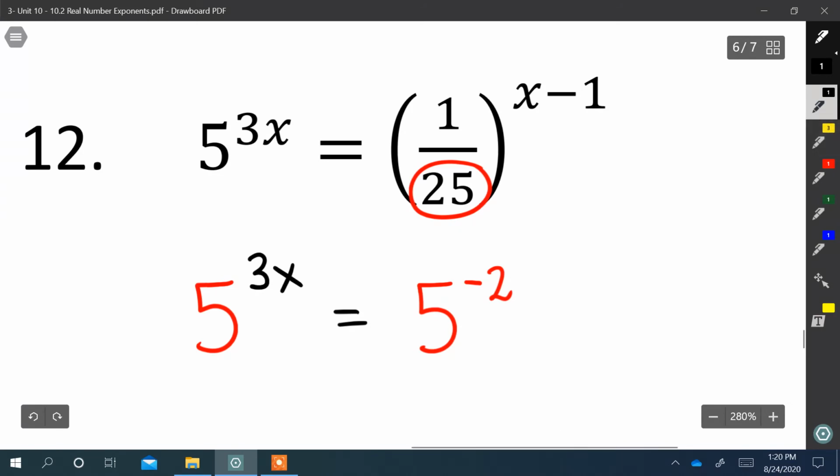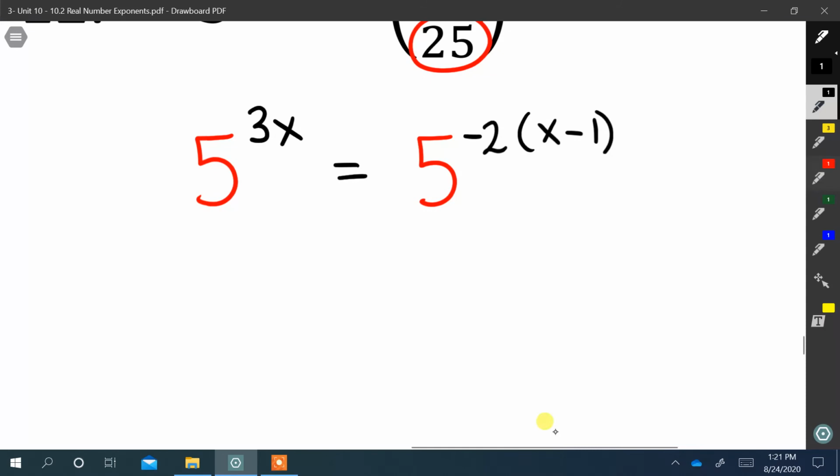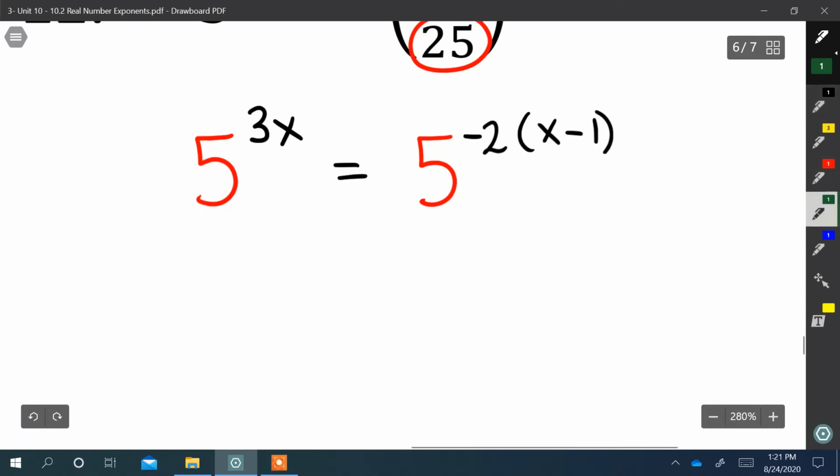Now, so I have -2. That's what this is right here. And then I'm going to multiply that times x minus 1, which is this right here.